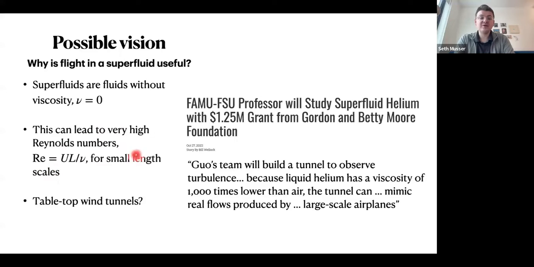So this can lead to very high Reynolds numbers, even for small length scales, which means that it's theoretically possible to have a tabletop experiment with a superfluid where you achieve Reynolds numbers which are comparable to that of a wind tunnel because of the low viscosity.